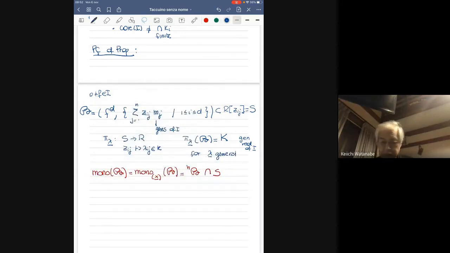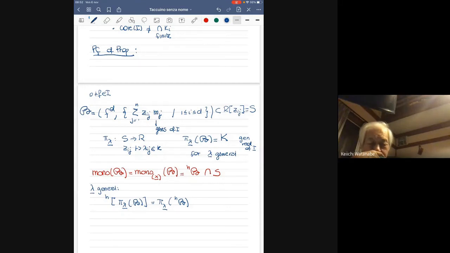And now what can we prove? We prove, for lambda general, and this is the crucial thing, that the multi-homogenization of pi lambda of beta, now this is the multi-homogenization already in the ring R, okay, there is no Z anymore, is equal to what you get if you first multi-homogenize beta and then you apply pi lambda.